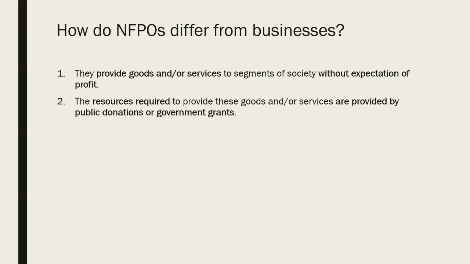resources that are required by not-for-profit organizations to provide these goods or services to the segments of society that they serve come from public donations or government grants. In contrast, a profit-oriented business will raise resources from its shareholders in the form of equity or by borrowing from financial institutions.